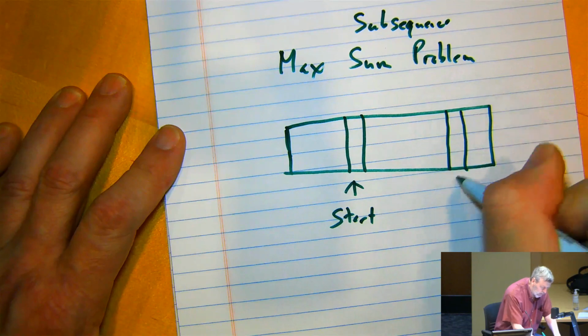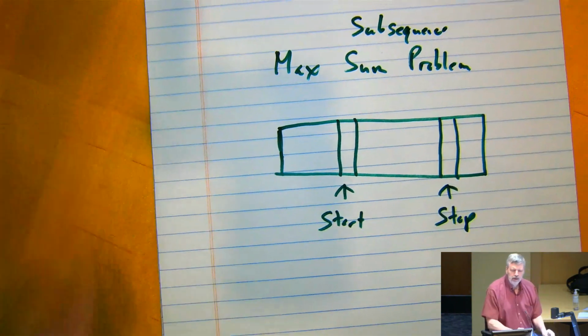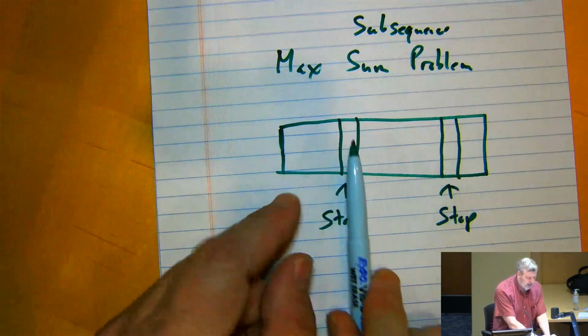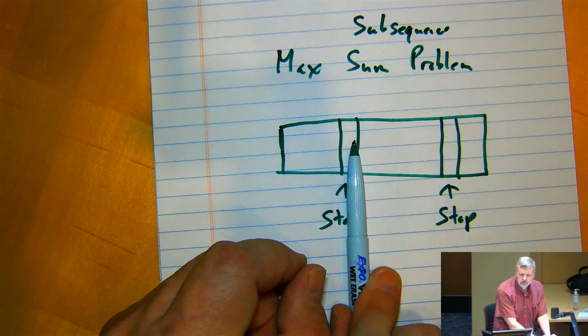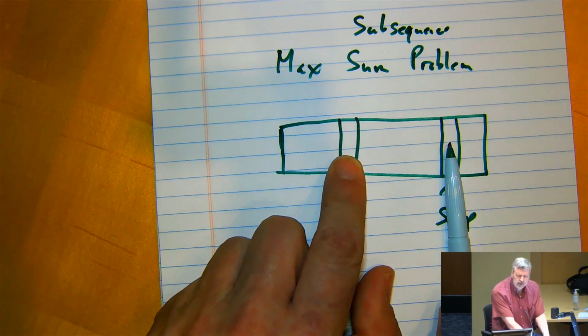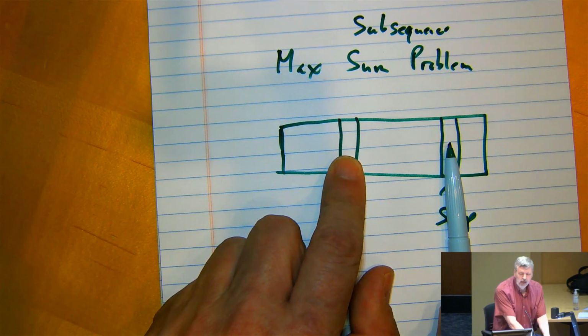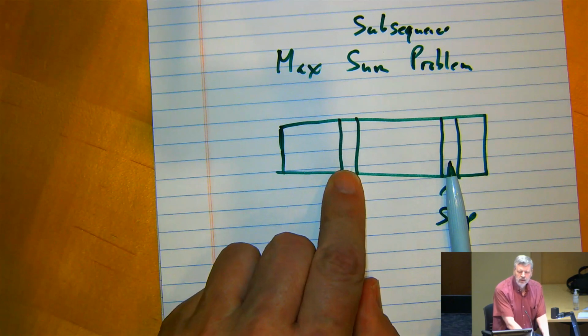I want to come up with a start and a stop, where if you add up everything in the array from start through stop, inclusive, that gives you a sum, and we want to find the values of start and stop that give you the largest sum.